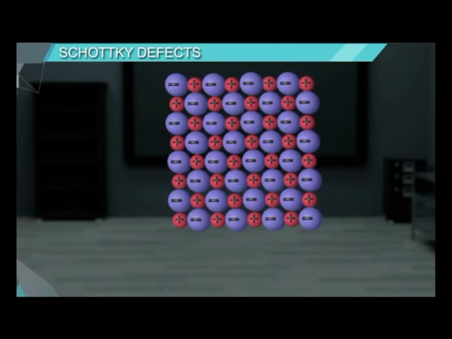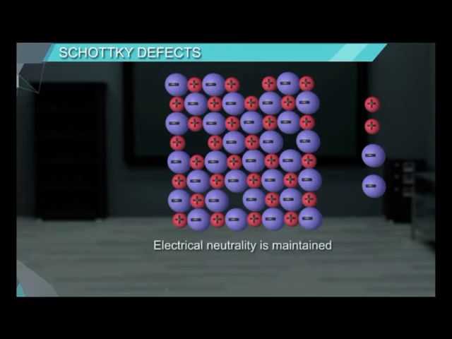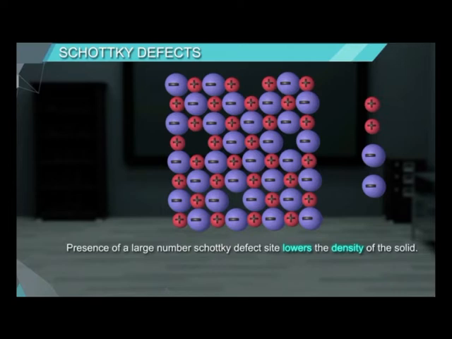Schottky defects. Schottky defect is similar to vacancy defects. This type of defect is created when an equal number of positive ions and negative ions are missing from their lattice sites, so that electrical neutrality is maintained. Here, mass decreases while volume remains the same. Presence of a large number of Schottky defect sites lowers the density of the solid.